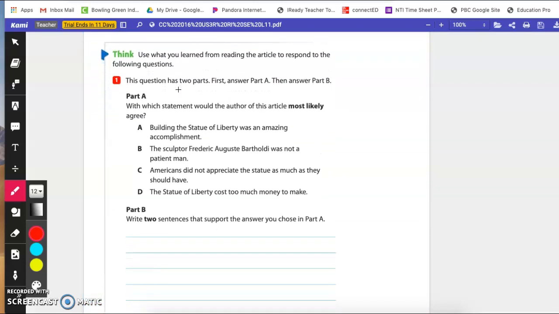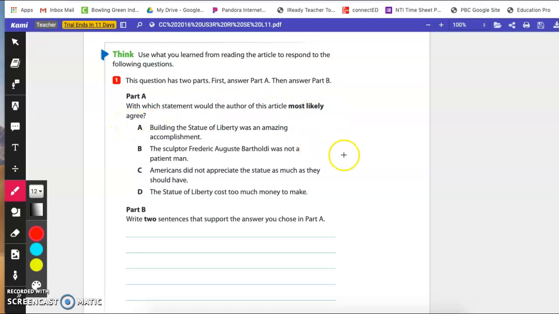Now that you're finished reading the article, let's go to question number 1. This question has 2 parts, part A, then part B. Part A, with which statement would the author of this article most likely agree?